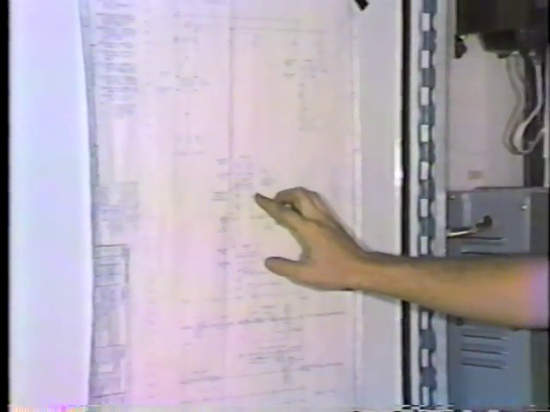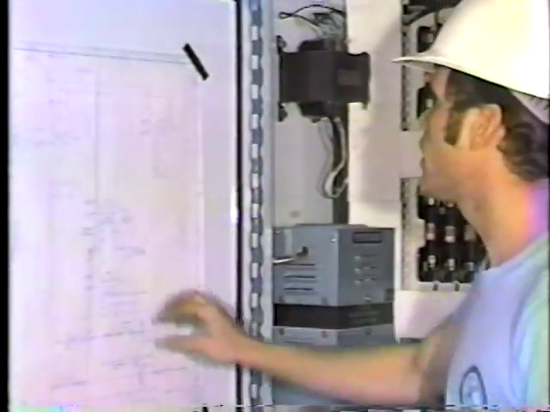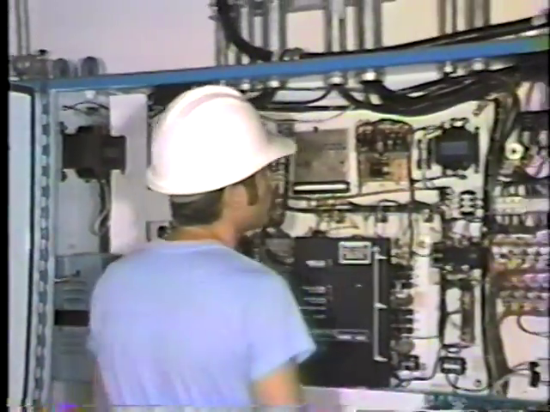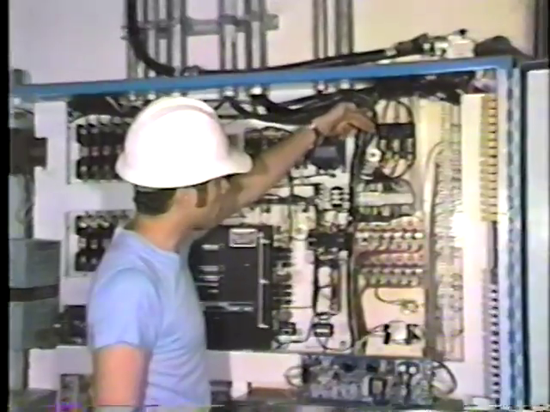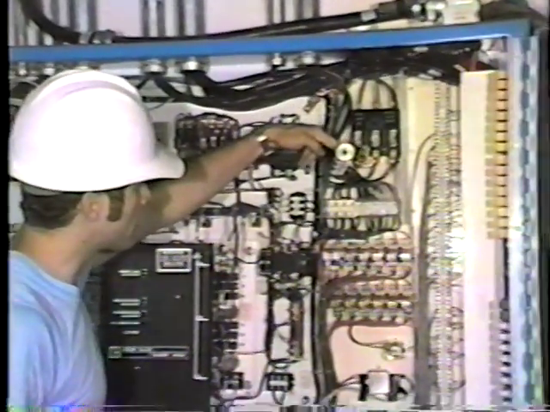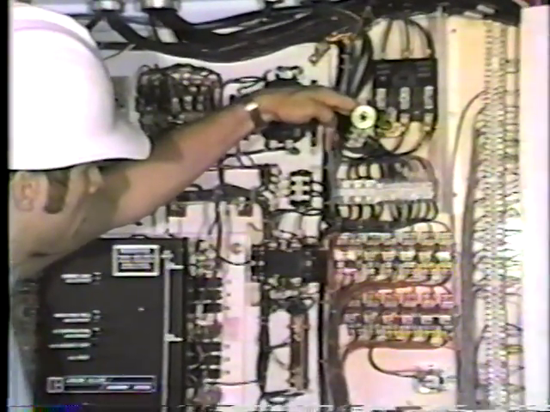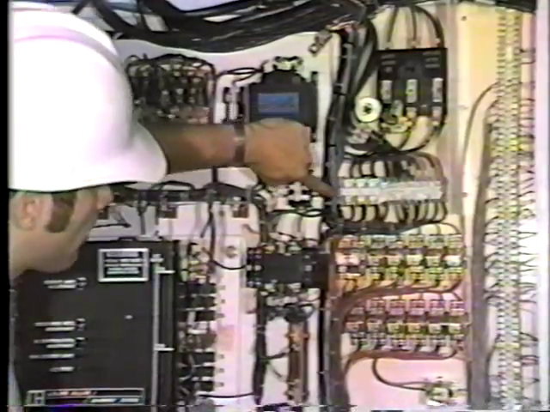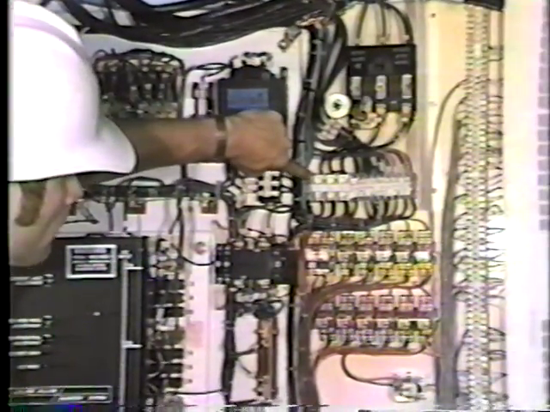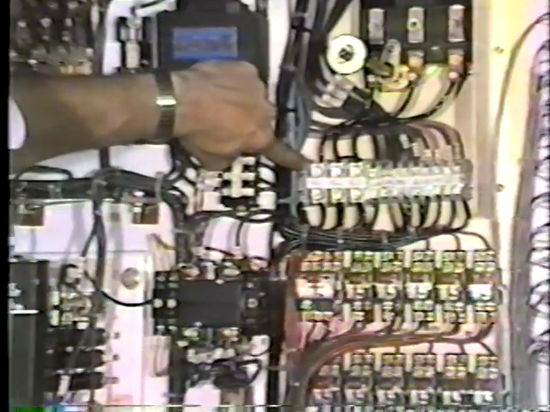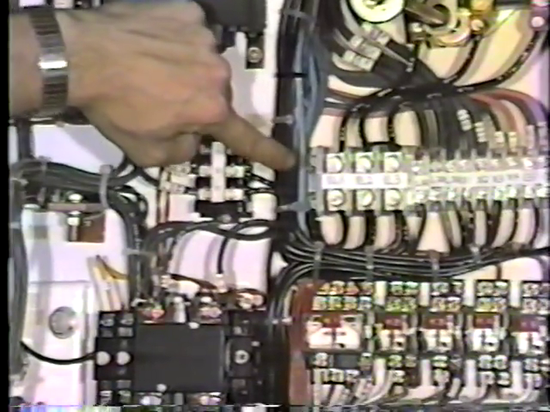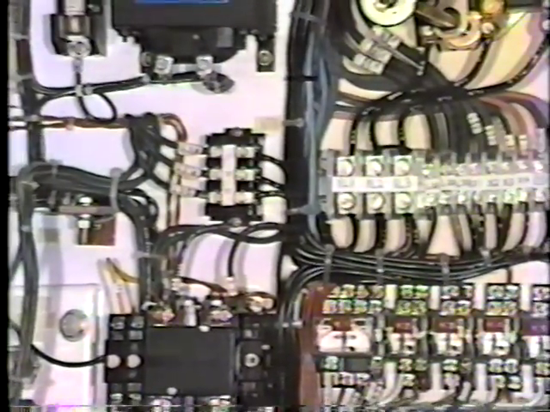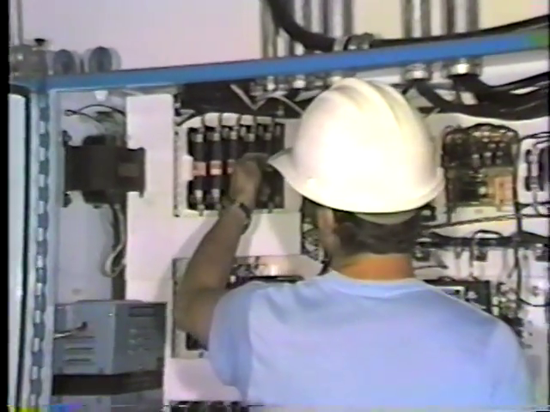Okay, would you please show me all that now? Okay. In the panel, there's our incoming power through our disconnect. The terminal blocks are located L1, L2, and L3. Our fuses F1 through F5.